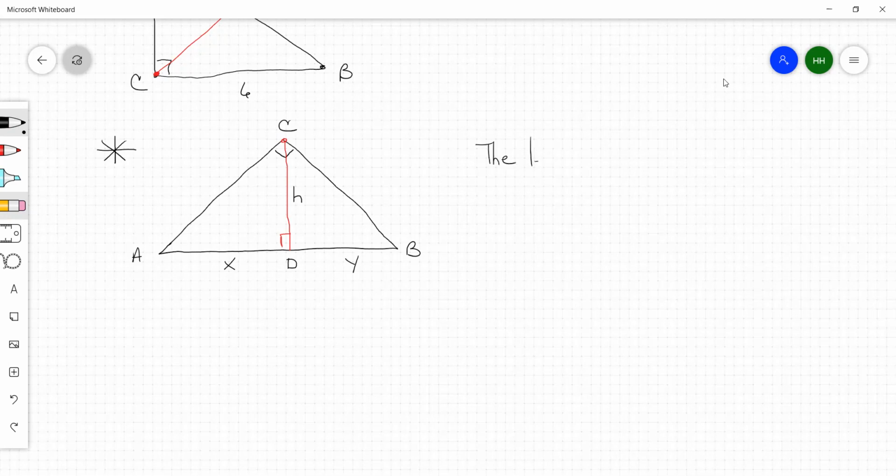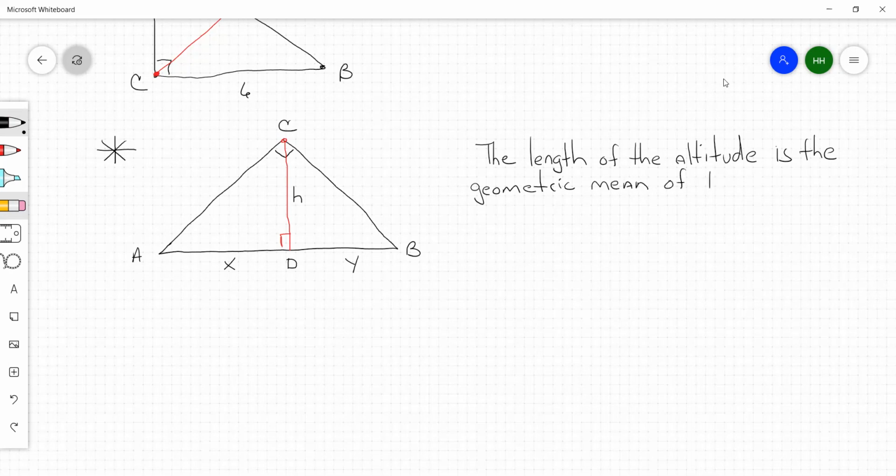The length of the altitude is the geometric mean of the two segments it creates.